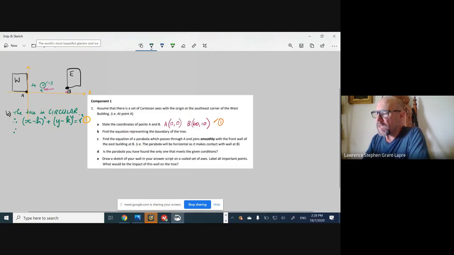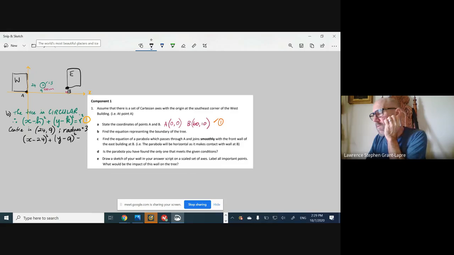Therefore, the center is 24, 9, radius equals 3, therefore (x minus 24) squared plus (y minus 9) squared equals 3 squared.